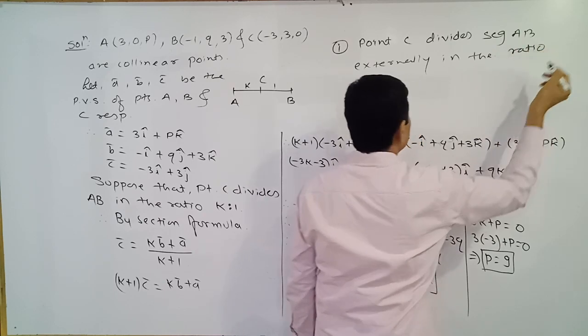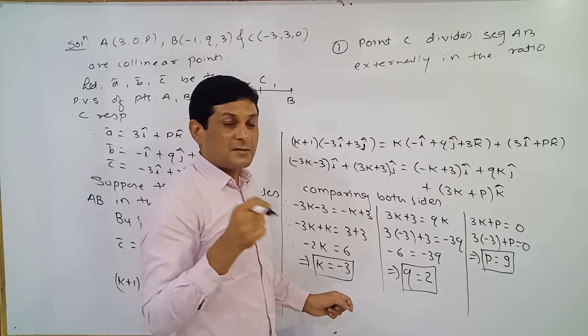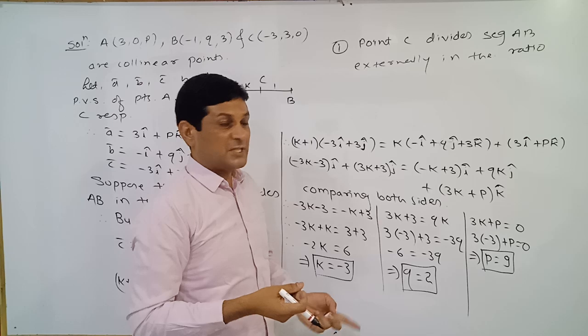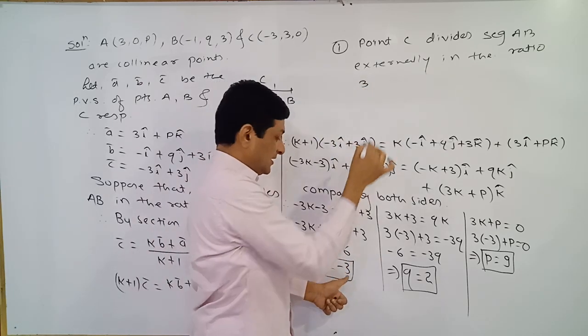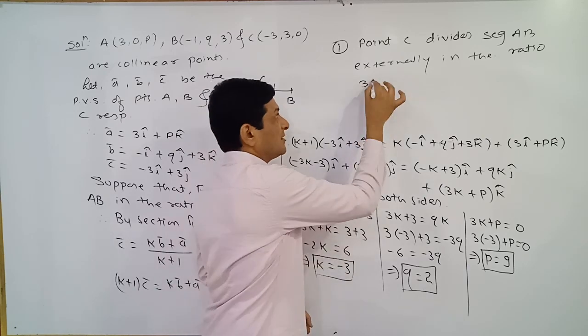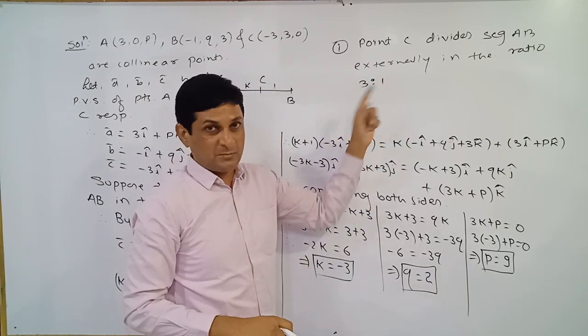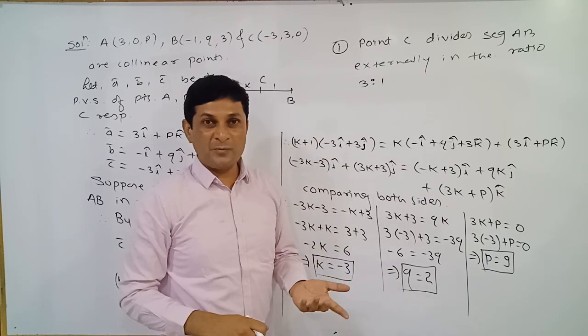So what will be the ratio here? Minus 3, but minus just says that the division is not internal, means the division is external, and the ratio is 3. Nothing is there in the denominator, means 1 is there, means 3 is to 1. Don't write minus 3 is to 1, because it is the ratio of the lengths of two segments, and length cannot be negative.